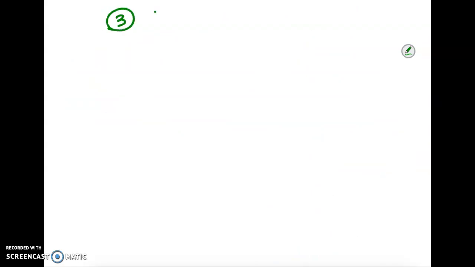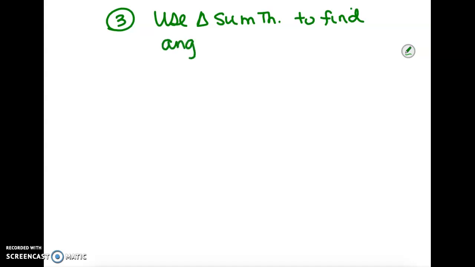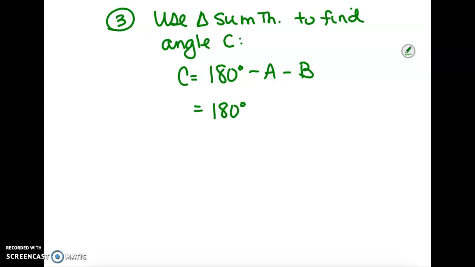So step 3, use triangle sum theorem to find angle C. So 180 degrees, and we're going to subtract out angle A and B. Angle A is about 117 degrees. Angle B is 36 degrees. So angle C is about 27 degrees.